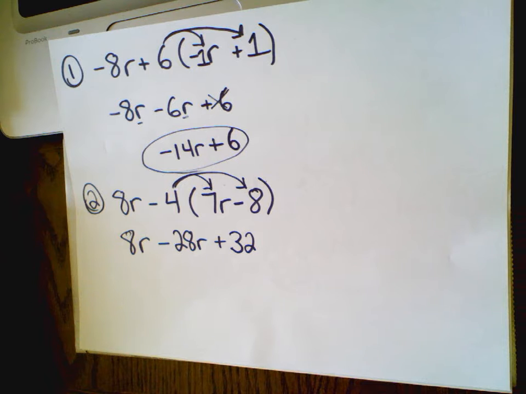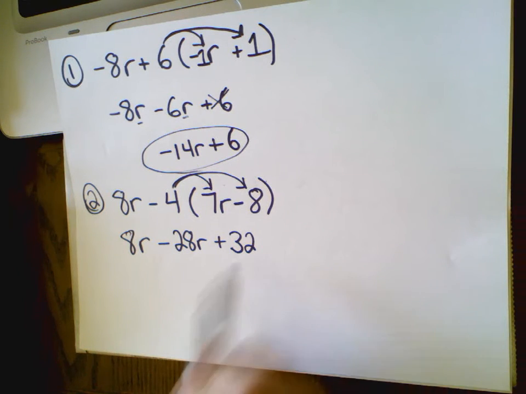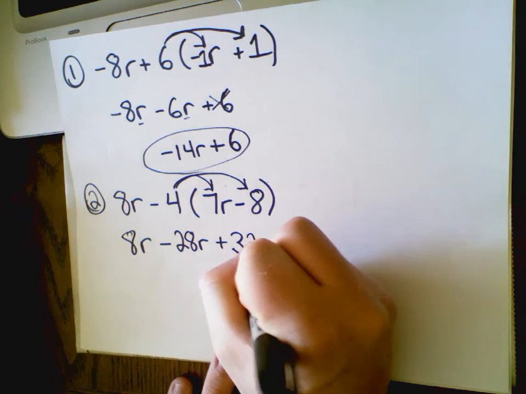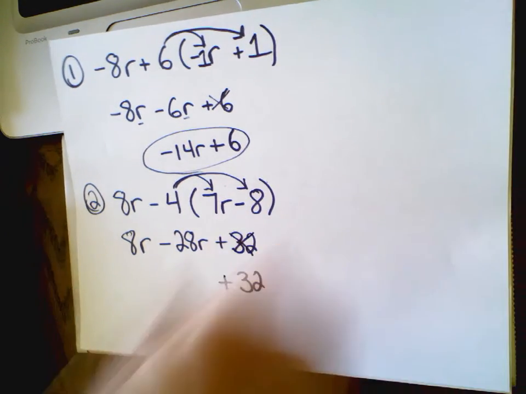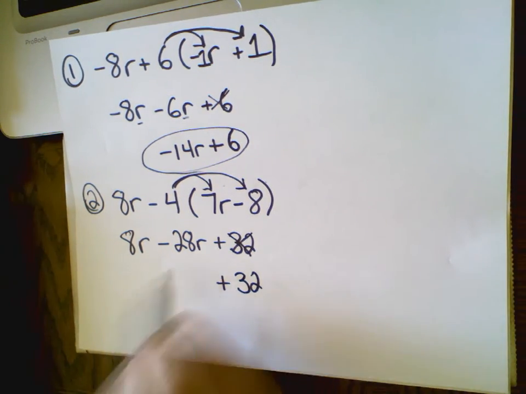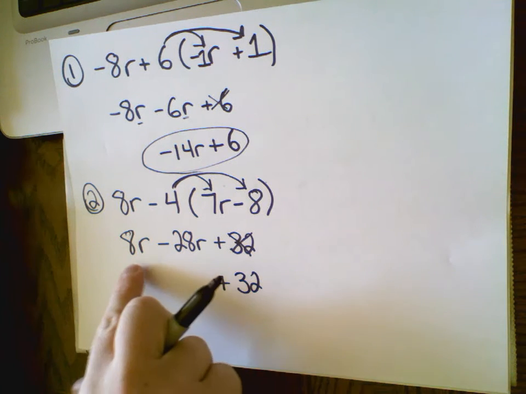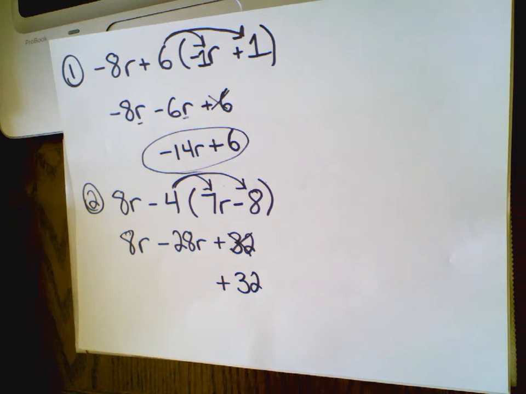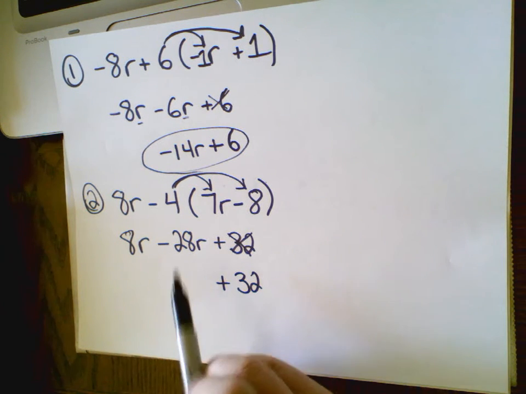Please use a calculator if you need to, but remember, two negatives will always equal a positive. So now as I look at my problem, I could combine two of these numbers, but I can't combine 32. So I'm just going to bring it down here. Cross out right up top, and then I have this for my math. A positive 8r minus 28 is going further down the number line because I'm losing 28.